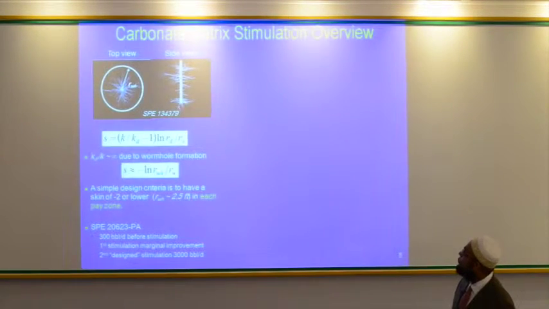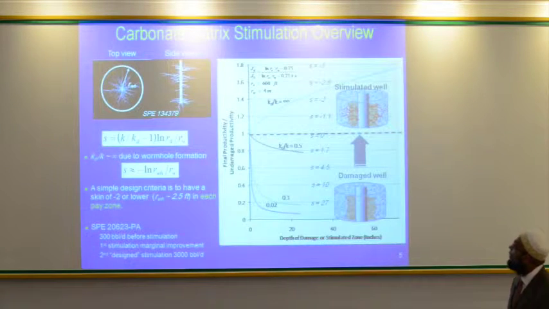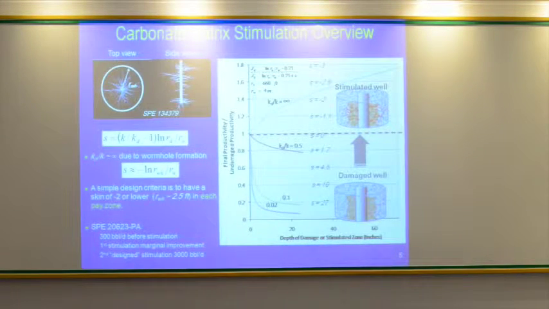The skin formula just reduces to the wormhole radius over the wellbore radius, right? And the whole goal of this matrix acidizing treatment is to bypass the damage. So if you have a damaged well very near wellbore, you may have drilling induced damage, and when you acidize, we create wormholes that bypass the damage.